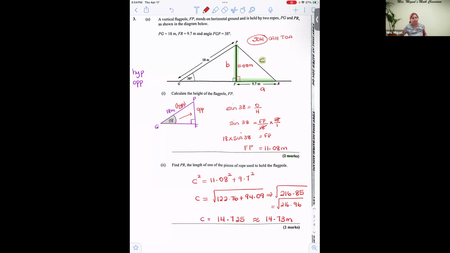So even if you approximated the number, you will still have gotten 14.73. Now CXC is not going to penalize you. They did not tell you to put it to 2 decimal places. So if you put 14.7, you will still get the mark. They're not going to penalize you for 1 decimal place. They would not do that.